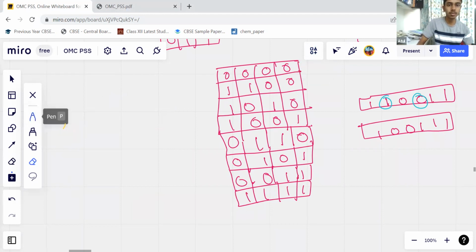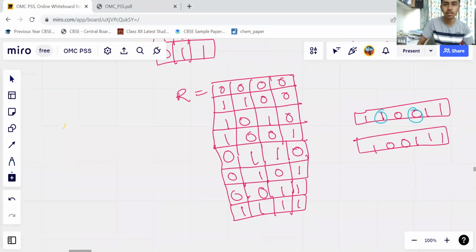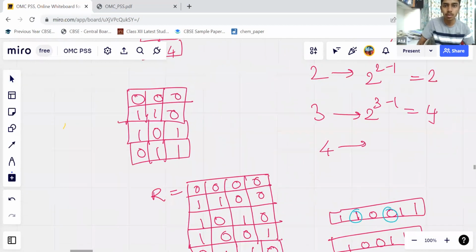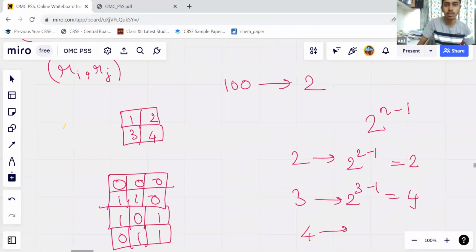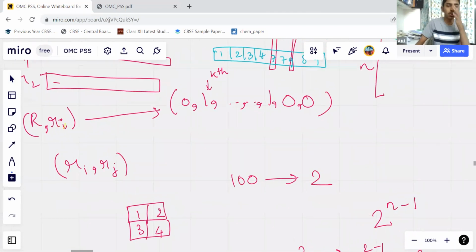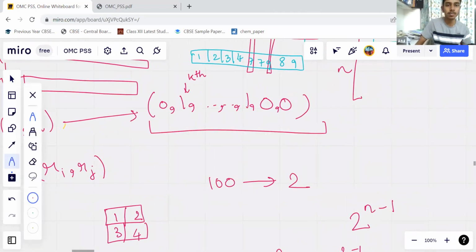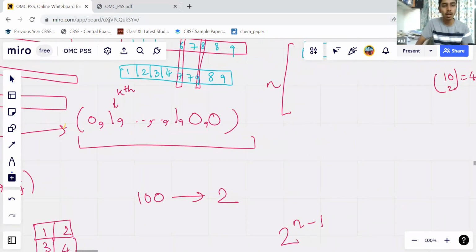So let's fix any row. Suppose the first one, we're calling this R, right? And we'll use the tuple notation as above. So we know that you can represent everything in this form, every row. Obviously, some rows can overlap in their tuple thing, but that's completely fine.